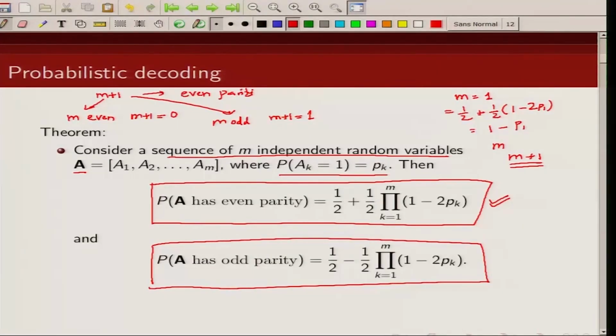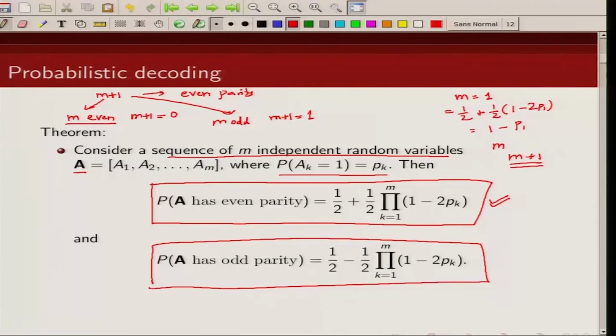Is it clear? There are two ways in which we can get even parity when we are considering m plus 1 independent random variables. Either m of them had even parity and the (m plus 1)th is 0, or m of them add up to odd parity and the (m plus 1)th is also 1.